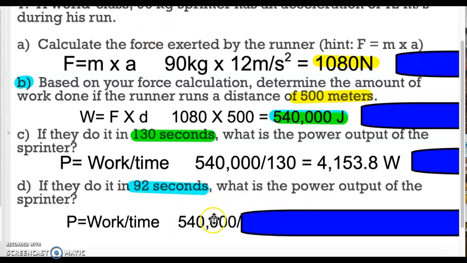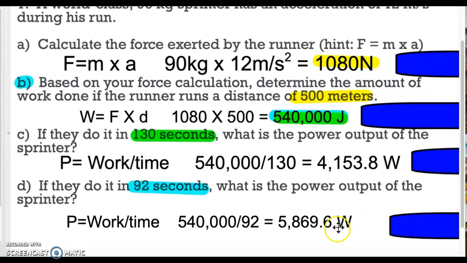So 540,000 joules divided by 92 seconds. You put that in a calculator and you should get 5,869.6 watts. So which situation would have more power? You just look at your numbers, and the one that had more power would be the one who did the work in less time, in 92 seconds.